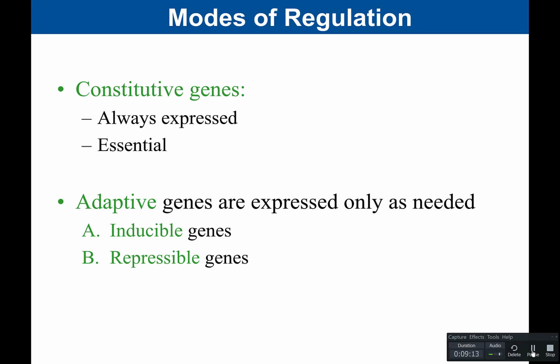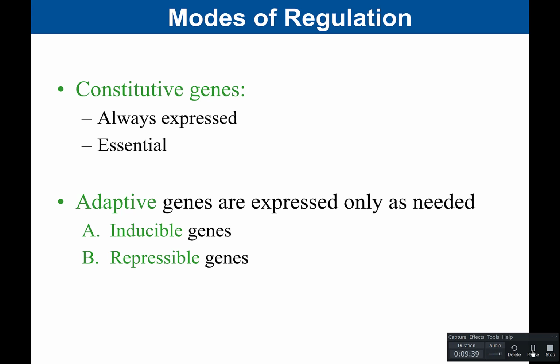However, if glucose is not available, but lactose is, then bacteria can turn on expression of genes that are needed to metabolize the lactose. But they only do that under certain conditions. They only do it when lactose is present and glucose is not, because if glucose is present, they don't need to make enzymes to metabolize the lactose.